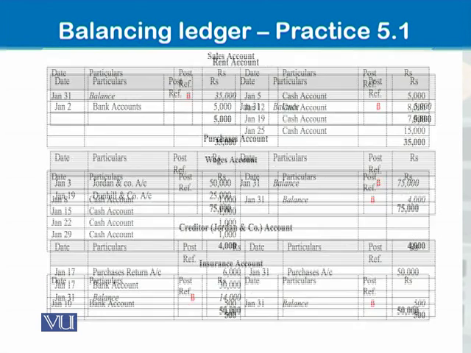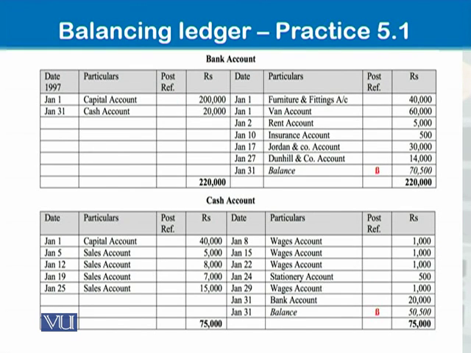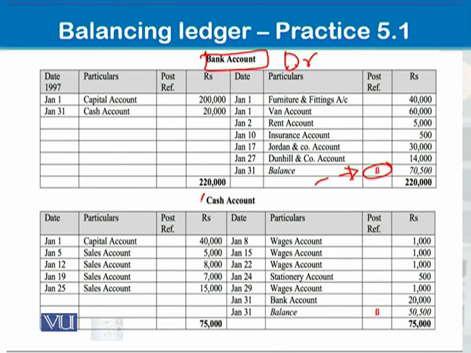One thing I want to repeat, let's take example of bank once again. Although it's a shortcut that since its balance is appearing in the credit side, it's debit balance, or since bank, its nature is debit, being member of asset, therefore it would be named as debit. Cash being debit in nature, therefore its balance would be named as debit balance.